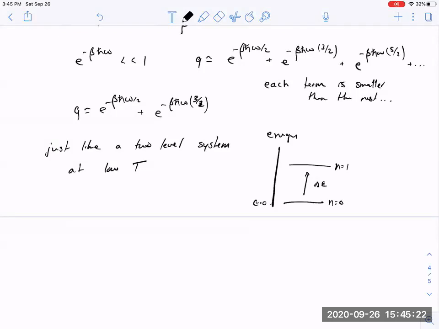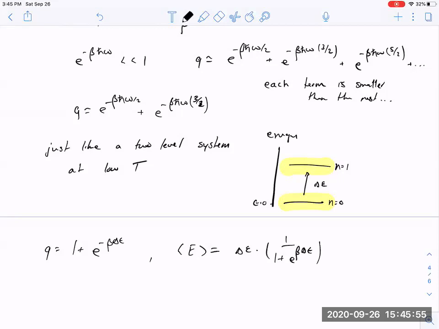A 2-level system, which is exactly given by just these 2 energy levels with some delta epsilon between them, its partition function you evaluated in your homework is just 1 plus e to the minus beta delta epsilon. That has an average energy, which is really easy to compute. It's just delta epsilon times 1 over 1 plus e to the beta delta epsilon.